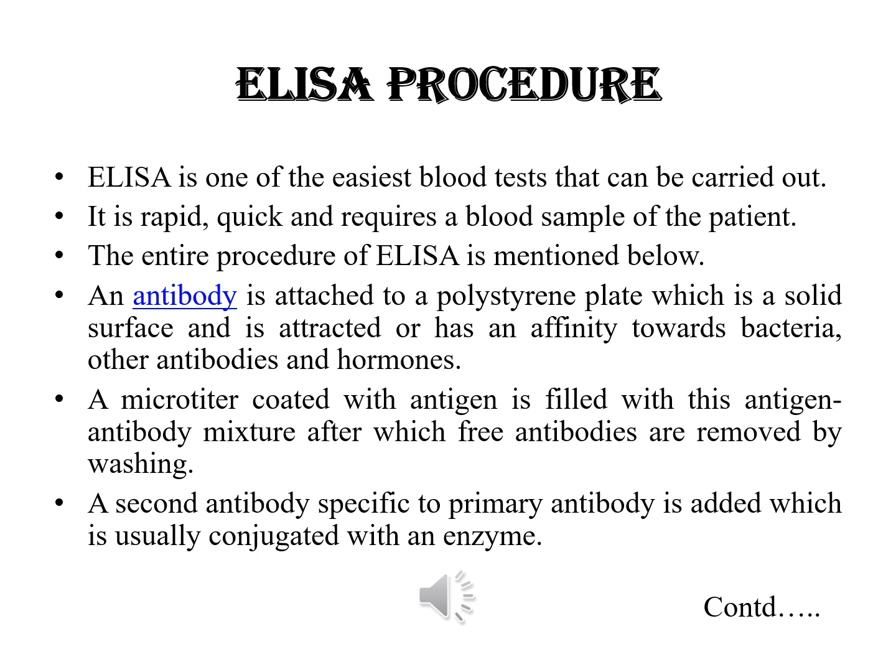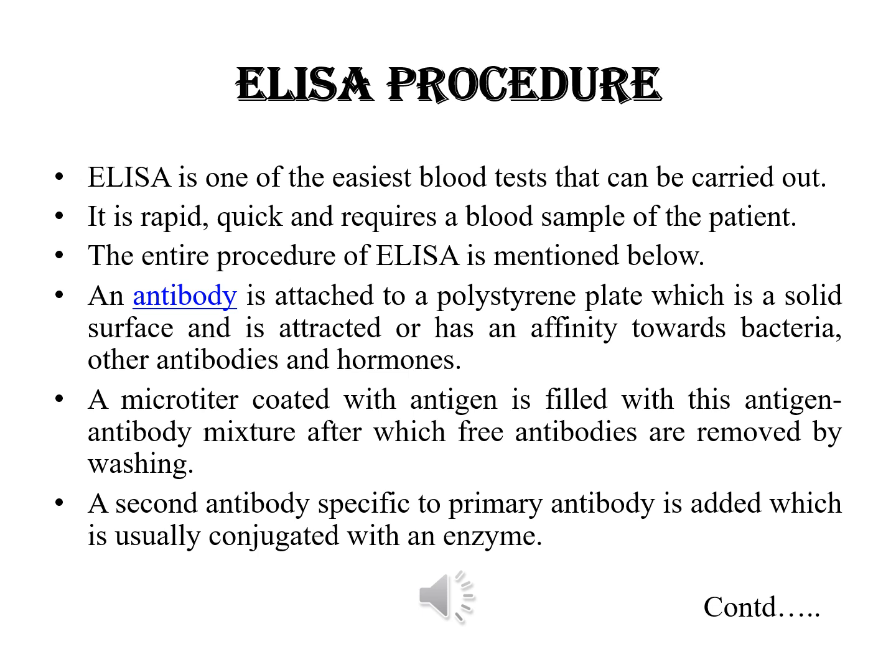A microtiter well coated with the antigen is filled with this antigen-antibody mixture, after which free antibodies are removed by washing. A second antibody specific to the primary antibody is added, which is usually conjugated with an enzyme. Free enzyme-linked secondary antibodies are removed by washing the plate. Finally, the substrate is added. The substrate is converted by the enzyme to form a colored product, which can be measured by spectrophotometry.